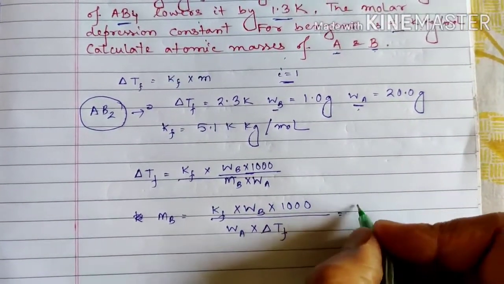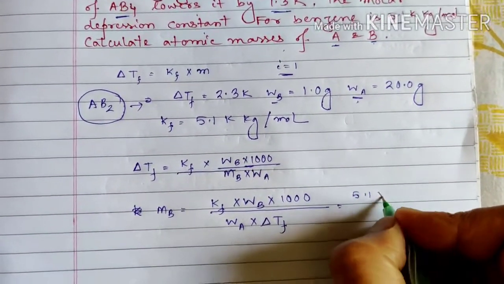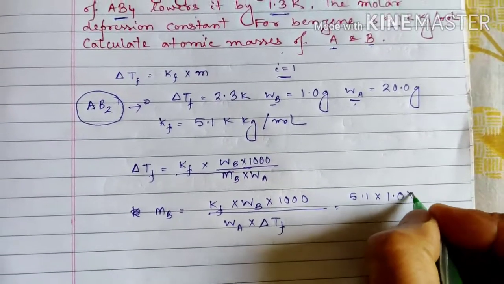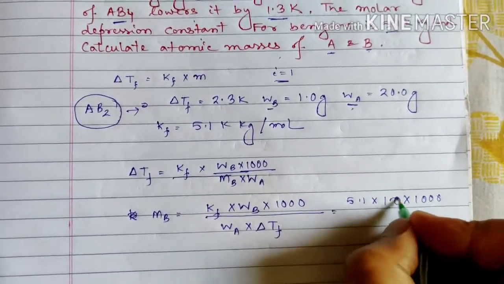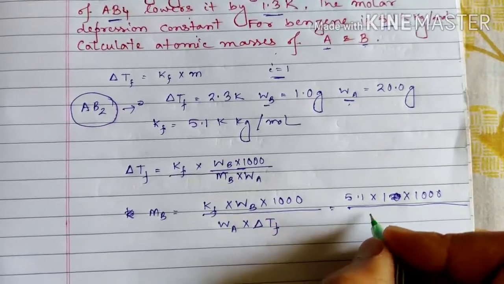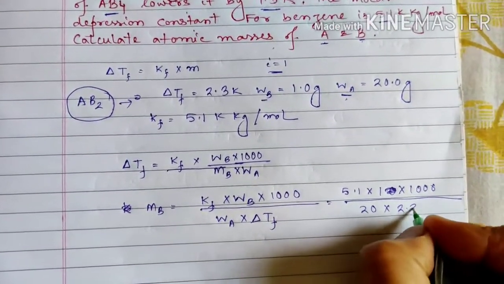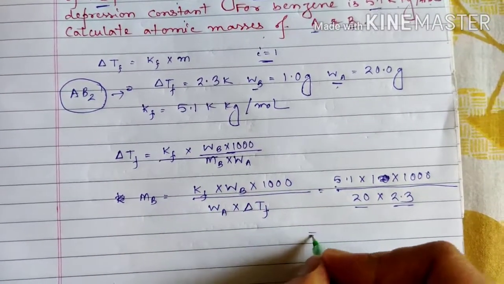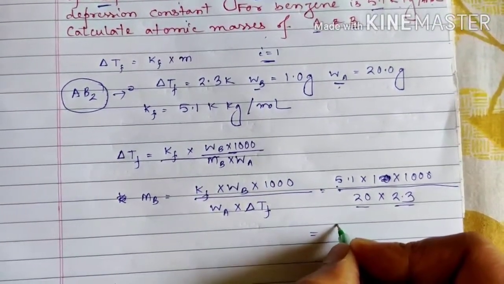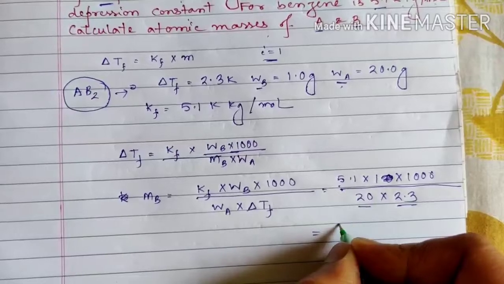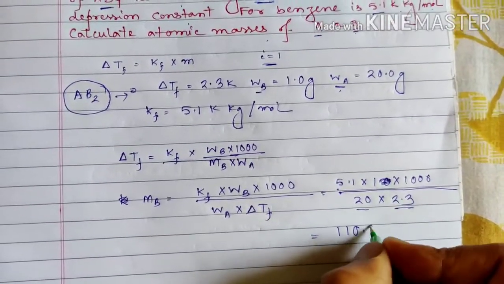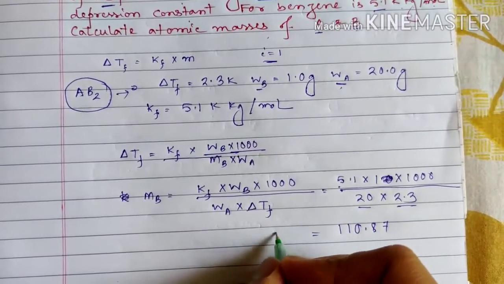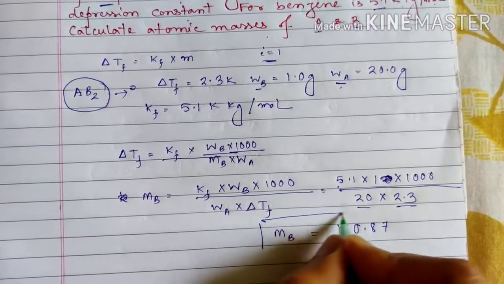Let us put the values: 5.1 into 1.0 into 1000, by 20 into 2.3. All these values are given. So the answer we are getting is 110.87, the value of MB.